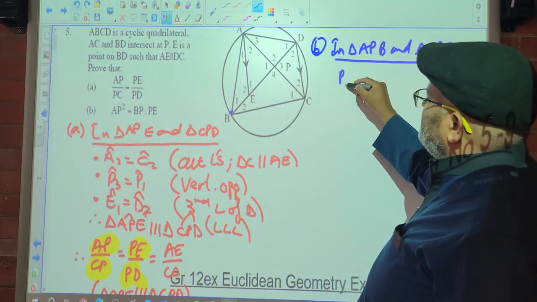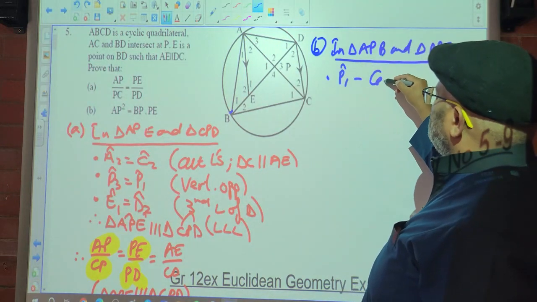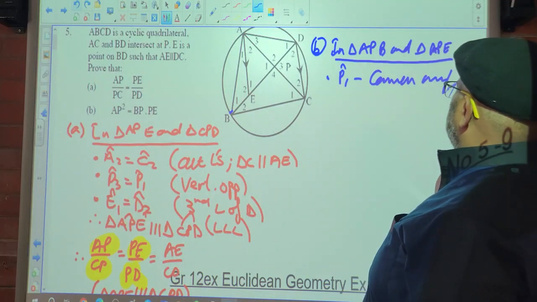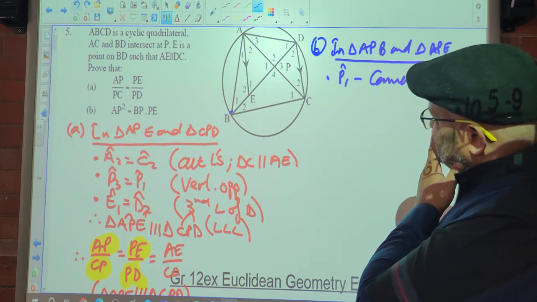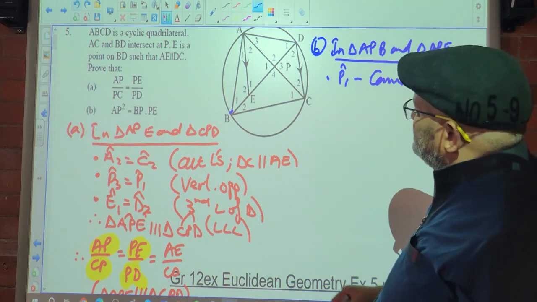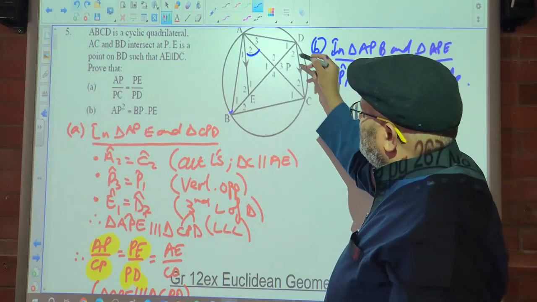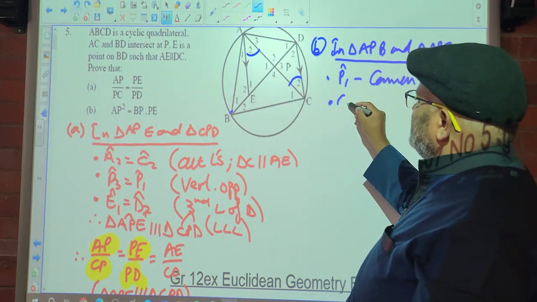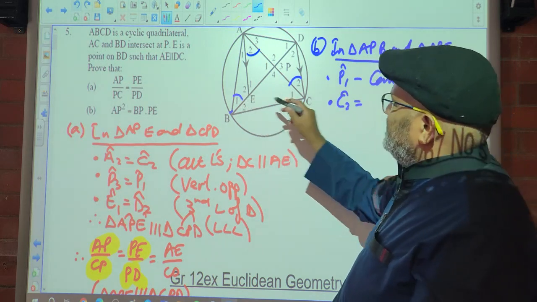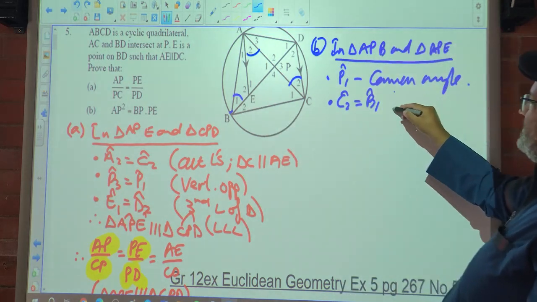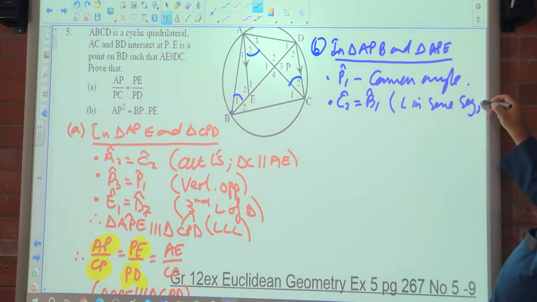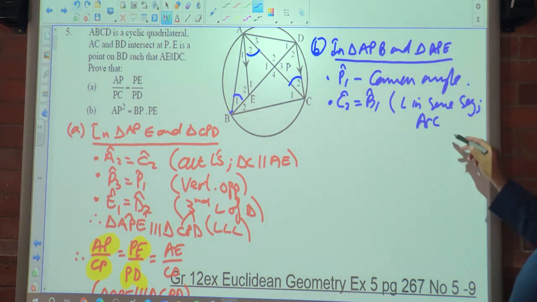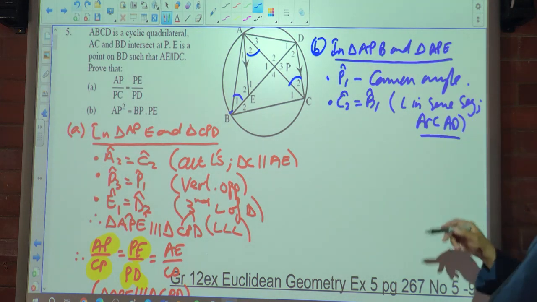Okay, so let's start. What can we firstly say there? P1 is a common angle, not so? P1, common angle. What else? C2, we remember that that was marked equal there, not so? So you're saying that C2 is equal to P1. Why? Angles in the same segment. It is coming from arc AD. You don't have to write this arc here.